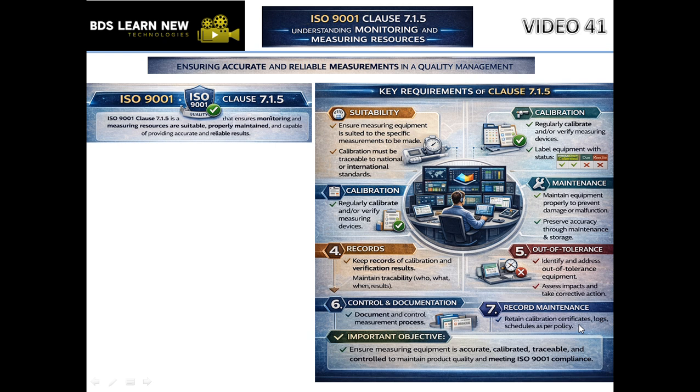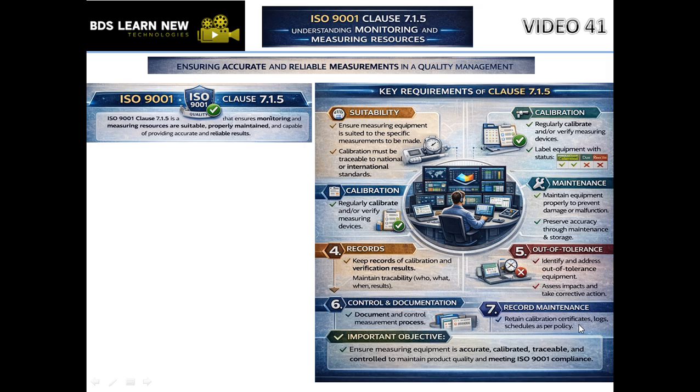Then records. Keep records of calibration and verification results. Maintain traceability, who, what, when results. Then out of tolerance. Identify and address out of tolerance equipment. Assess impacts and take corrective action. Then control and documentation. Document and control measurement process.